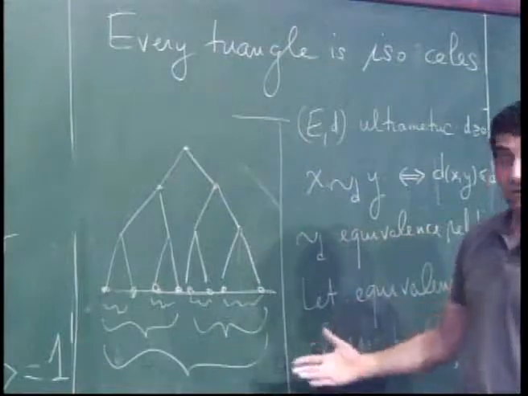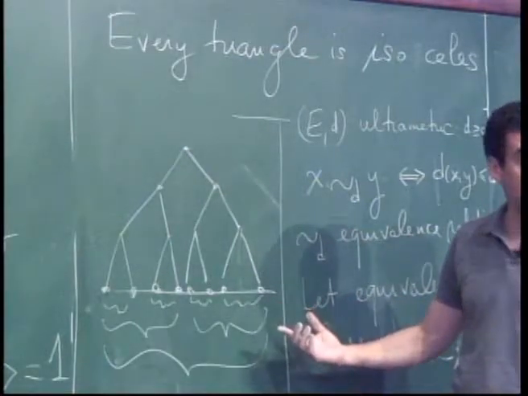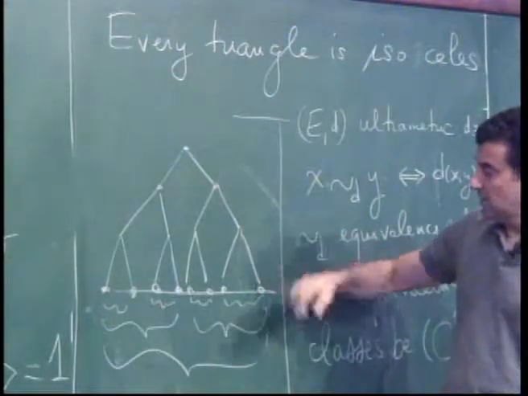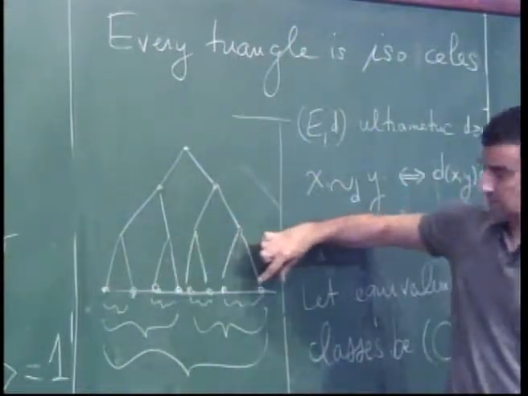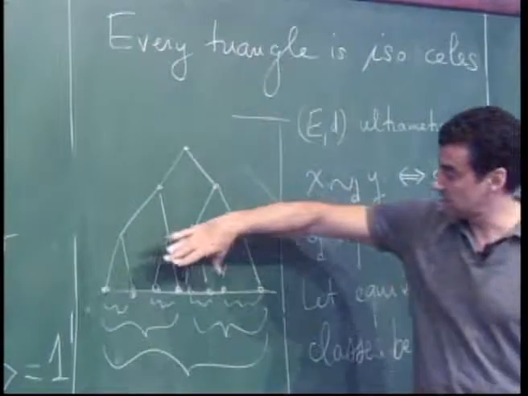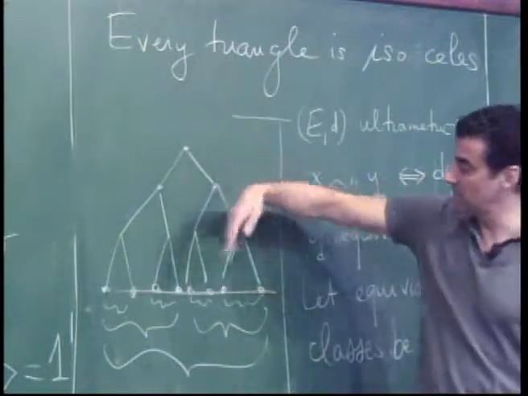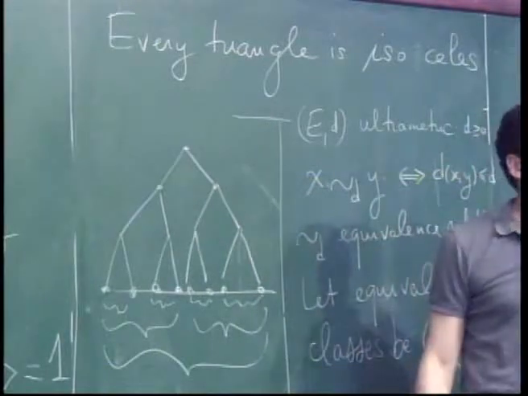If I fix d equals 0, what are the equivalence classes? The points. If d equals 1, the equivalence classes are these. If d equals 2, these two equivalence classes. If d equals 3, the equivalence class is the whole thing.